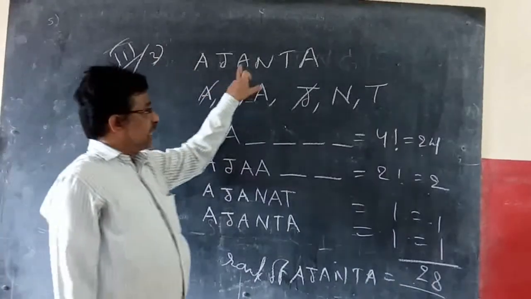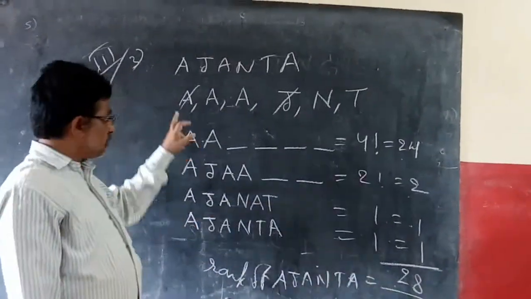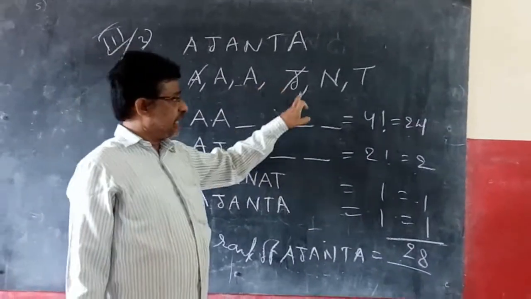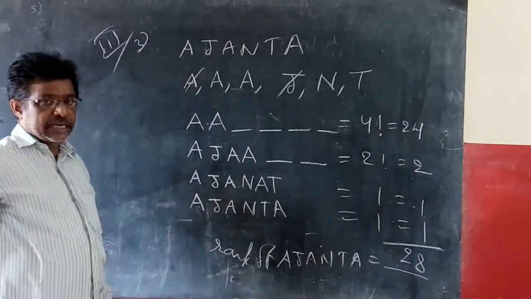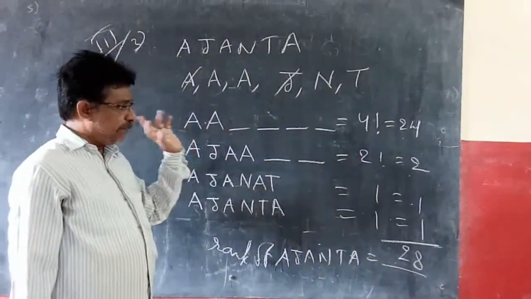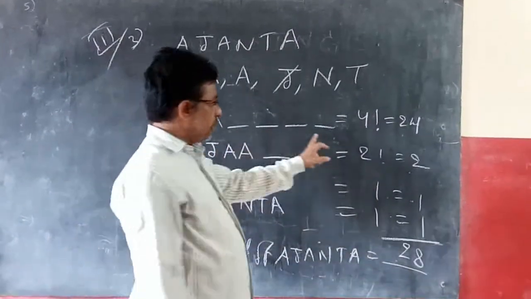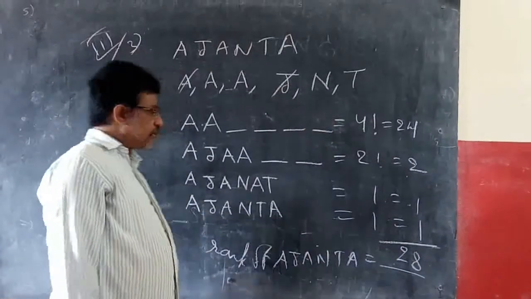I am repeating again. First take the letters and write them in alphabetical order. We have 3 A's: A, J, N, T. Now we are arranging these in dictionary order. The number of words starting with A: I am keeping A in the first 2 places, and the remaining 4 places can be arranged with the remaining 4 letters. That is 24 words.